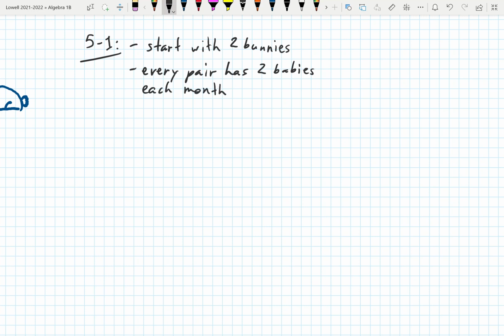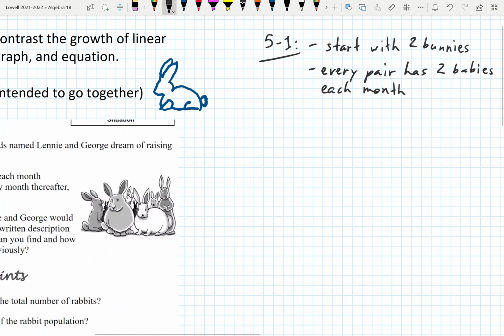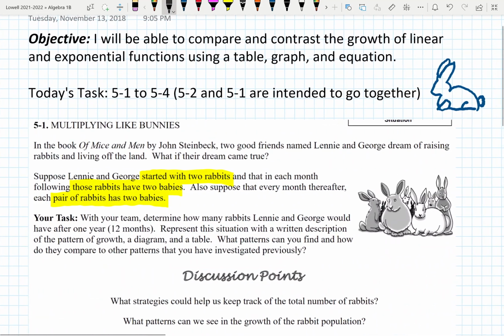The other important thing that I would want to write down is what the actual question is asking me to do, because if I don't know what the question is asking, then I can't answer the question. And so we continue reading here. We read our task, and it says that we are going to determine how many rabbits we're going to have after 1 year. And we're going to do that again with drawings, table, and also just describing the growth and noticing the patterns.